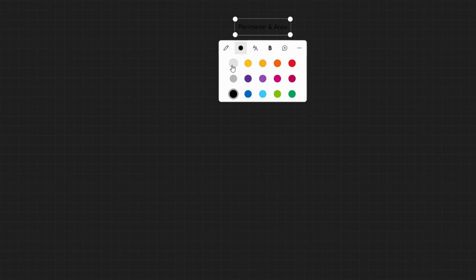So today we're going to talk about perimeter and area of different shapes. Okay, so let me write the subject of today's session here. Again, the subject is the perimeter and the area of different shapes.